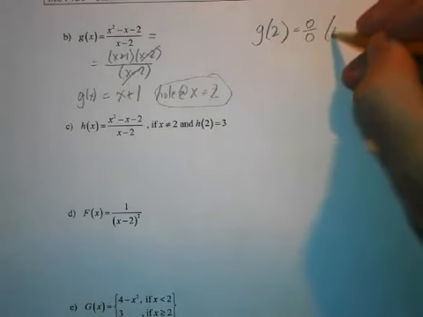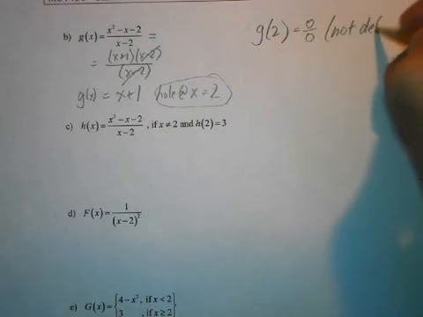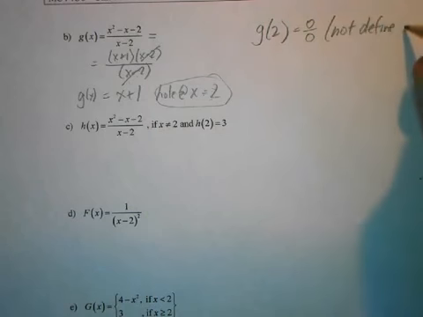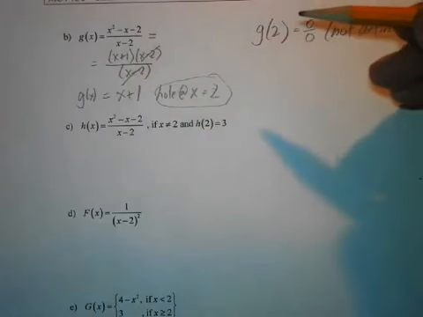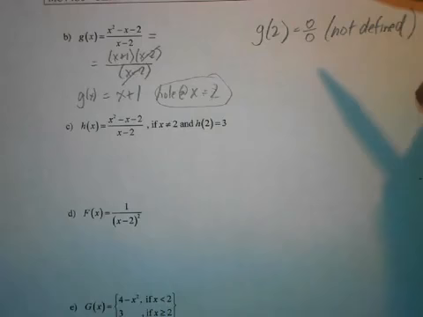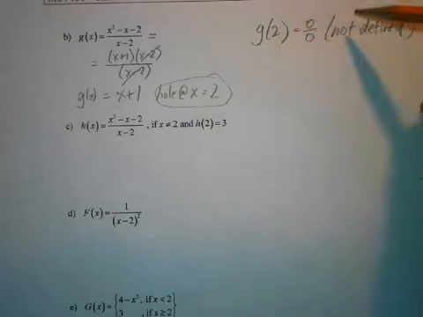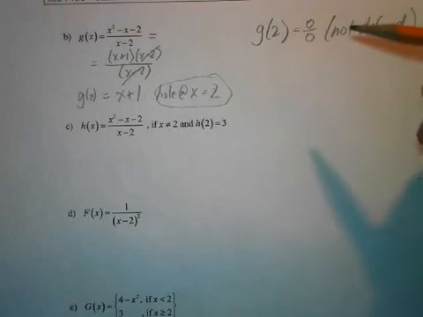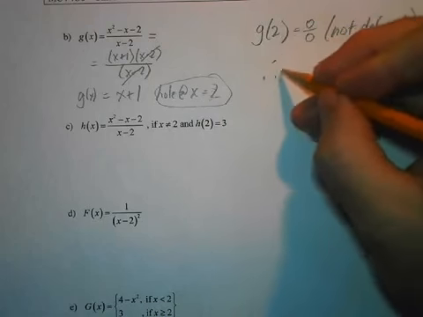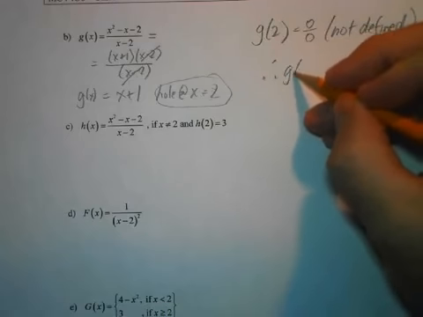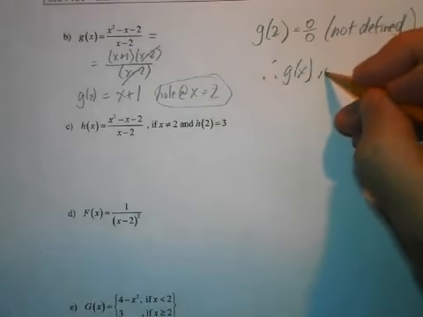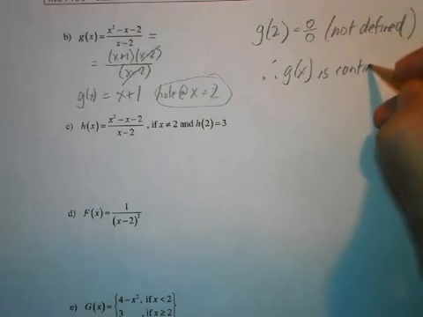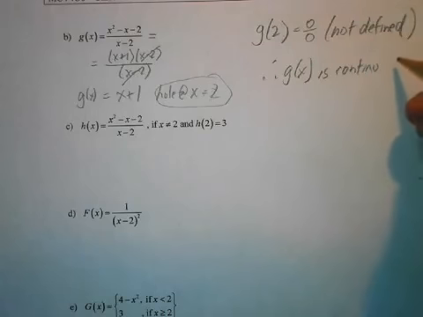So the value at g of 2 is not defined. So we don't even have to check if the limit exists as x approaches 2 from both sides. It doesn't matter if we're just looking to see if it's continuous. This tells us right away that it's not continuous because there's a hole there. Now, if they had asked for any other value of x other than 2, it would be continuous.